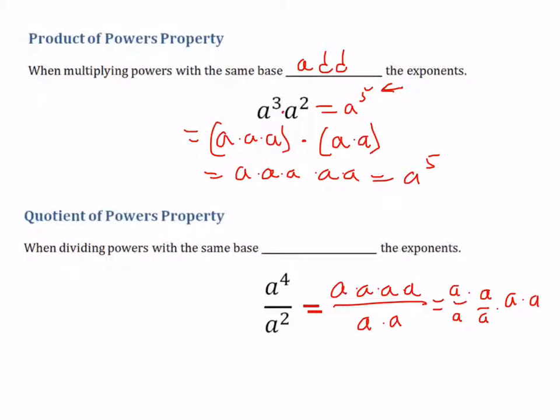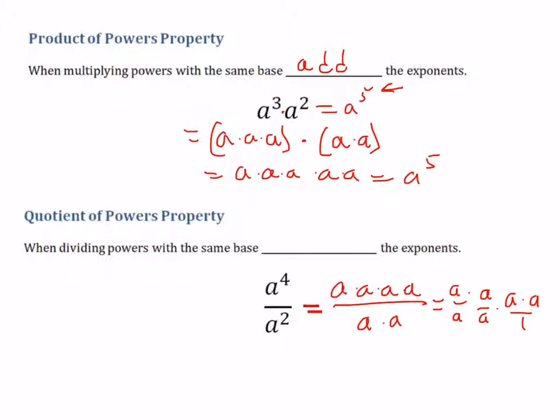So I'm going to put those 2 a's over here. We rearrange. Remember, when we're multiplying fractions, we just multiply the top, multiply the bottom. So this is still a times a times a times a times a times 1, which is a times a. Same thing. We got the same stuff.